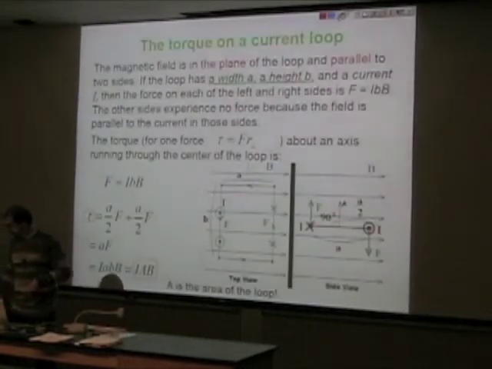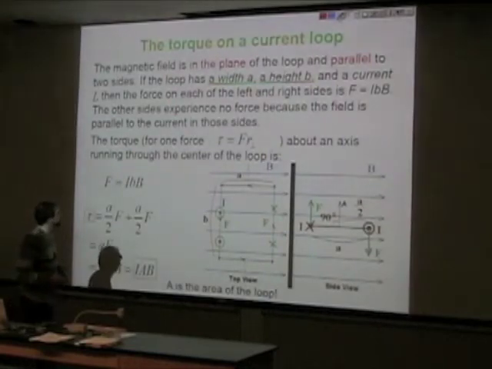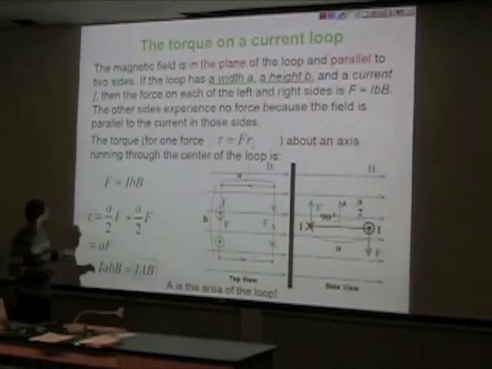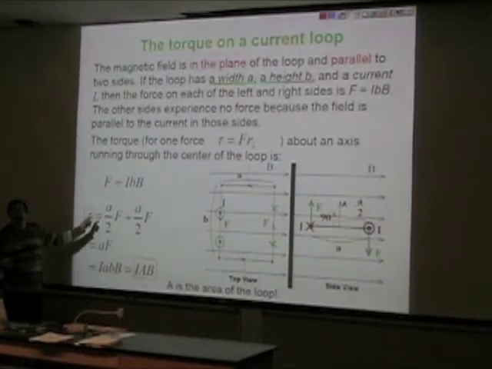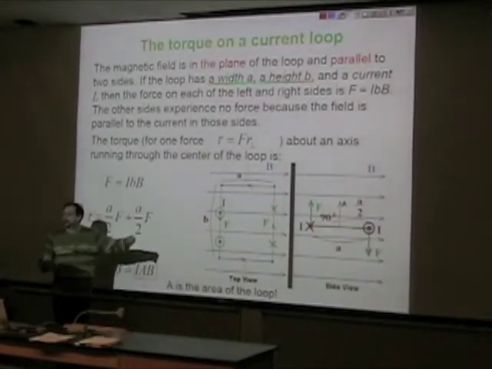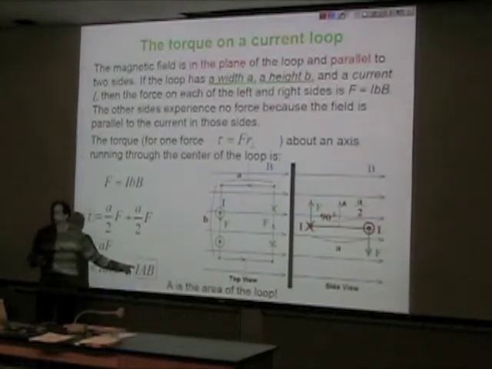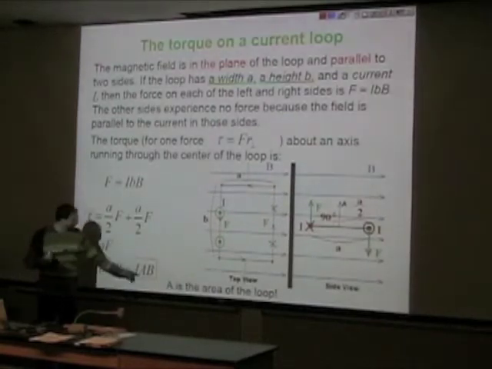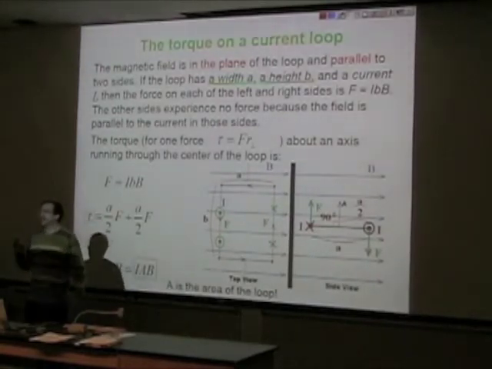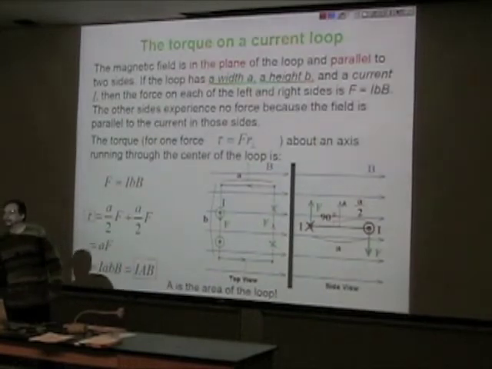And in this situation, the result is simple. The straightforward calculation says that the net torque acting on this loop in a magnetic field equals this. I represents the current in the loop, B represents the magnetic field, A represents the area of this loop.